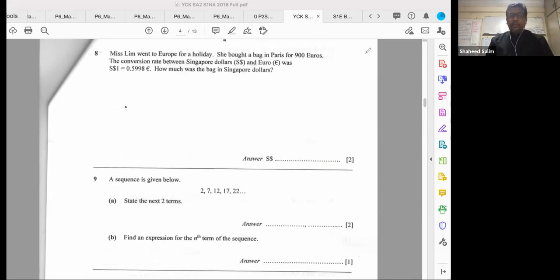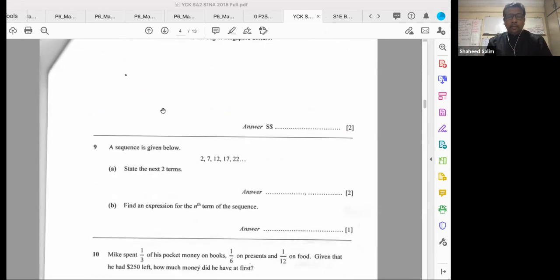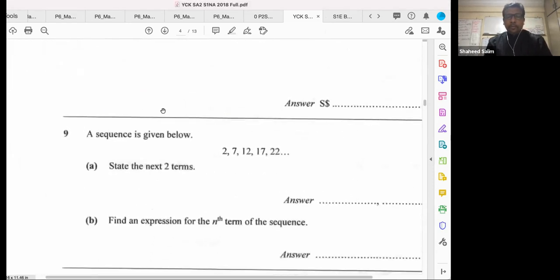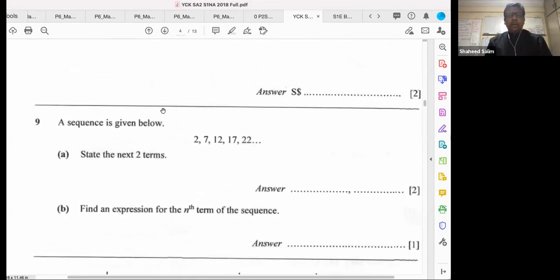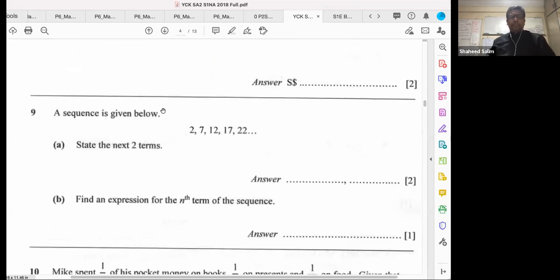Let us see now. Do you notice it's always plusing 5, adding 5? Except for the first one we cannot say lah, but down here you plus 5, you plus 5, you plus 5, you plus 5.